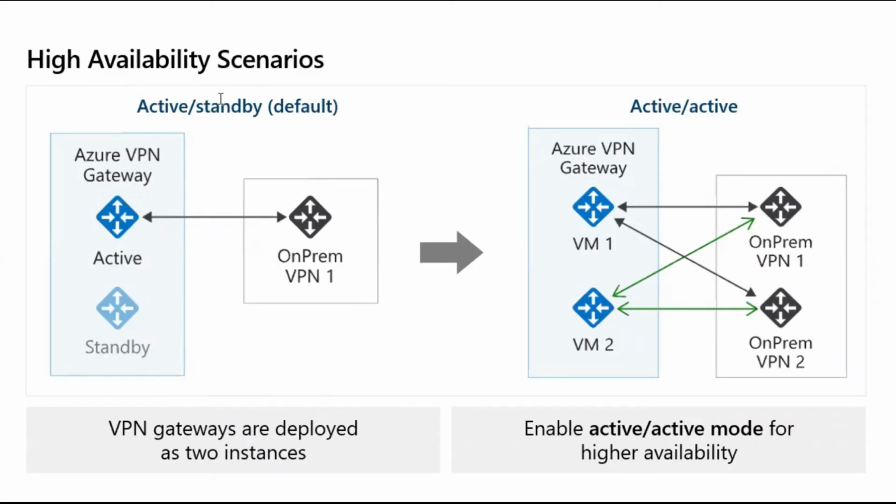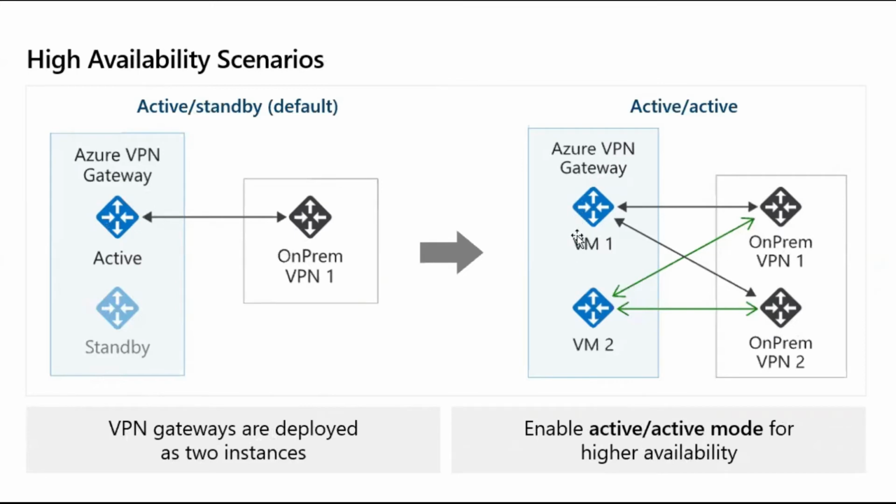Now, high availability scenarios. VPN gateways are deployed as 2 instances. So Azure VPN Gateway active and this is standby, and on-premises VPN 1. But enable active mode for higher availability. You can have on-premises VPN 1, on-premises VPN 2.